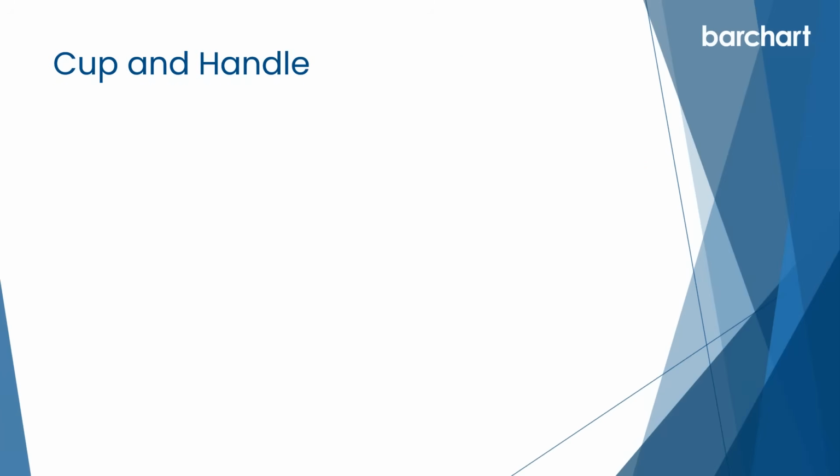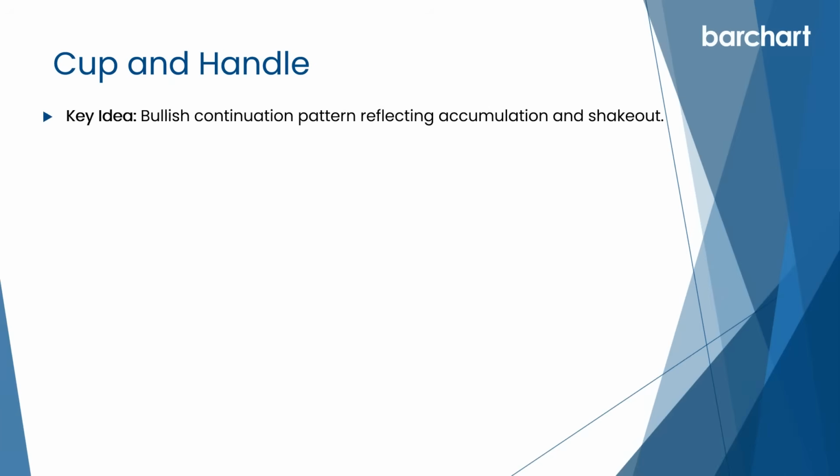And the first one we're going to talk about is the cup and handle. So the cup and handle is a bullish continuation pattern reflective of accumulation and shakeout. Now, there is a mistake here. Sometimes traders will refer to cup and handles as a bottoming reversal pattern found after, let's say, a downtrend. And then that could happen.